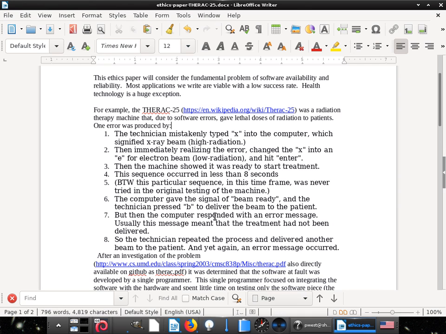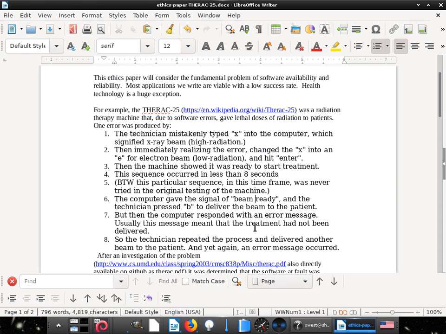So this is how it happened. The technician mistakenly types an X into the computer, which signifies the X-ray beam, aka the high radiation. Then, immediately realizing the error, he changes the X to an E for the electron beam, aka the low radiation, and hits enter. Then the machine showed it was ready to start the treatment, if this sequence occurred in less than 8 seconds. By the way, this sequence in this time frame was never tried in the original testing of the machine.